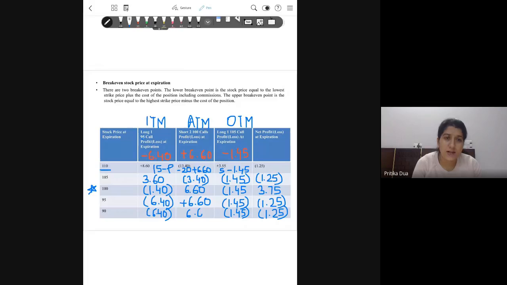So while calculating net profit, we are considering the premium received and premium paid, and hence the maximum loss, as you can see, is 1.25, and the most profitable scenario is when there is no fluctuation in the market price of the share, therein you are making the maximum profit.